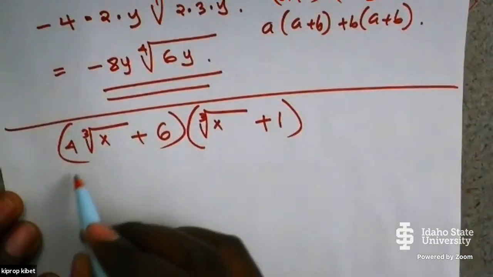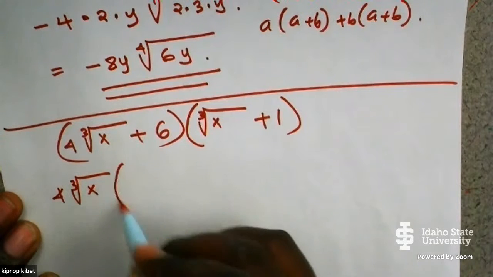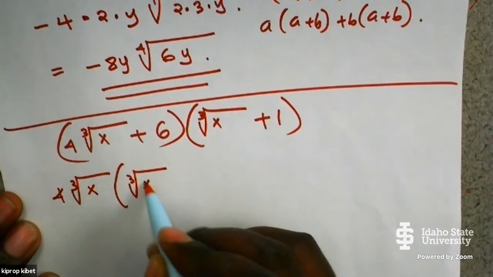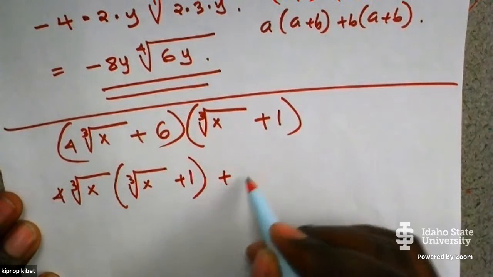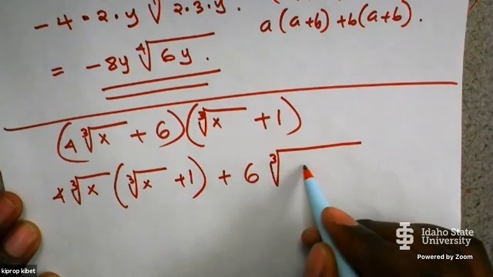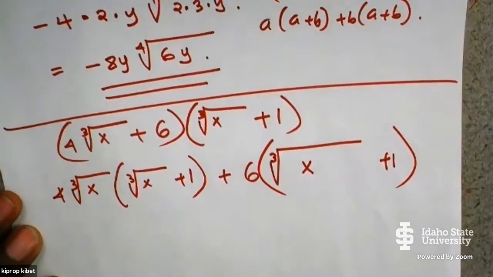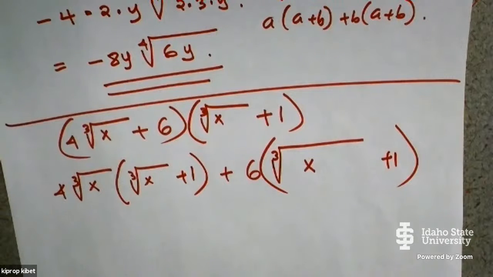So you can say 4 times the cube root of x, multiplied by the cube root of x plus 1, plus 6 times the cube root of x plus 1. Right? You can take it like that. You still remember when we were expanding this?